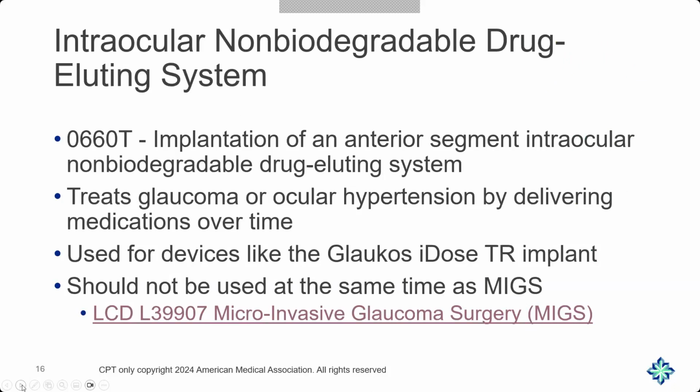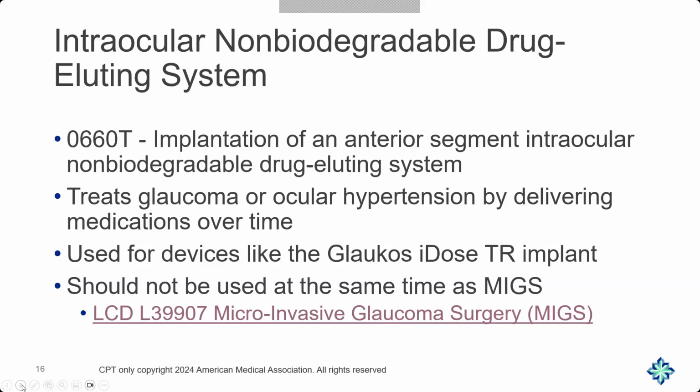One of the reasons we're not is because we're finding it's being combined with the MIGS procedure, so the micro-invasive glaucoma surgery. So I've attached the link on this LCD on the slide that you can use and refer to the coverage criteria and limitations of coverage for the MIGS procedures. Basically, iDose at the same time as a MIGS is not reasonable and necessary per the LCD.